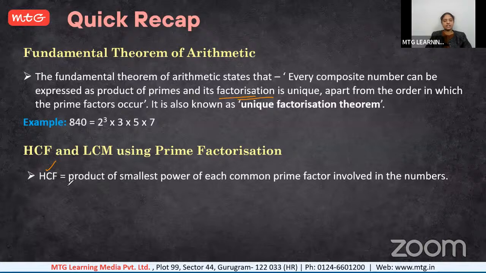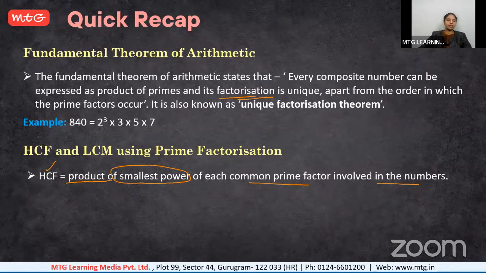For every prime factor, you will be choosing the smallest power among all the powers of each common prime factor. So you choose the lowest power form and you multiply, and that is going to be the HCF of the numbers.